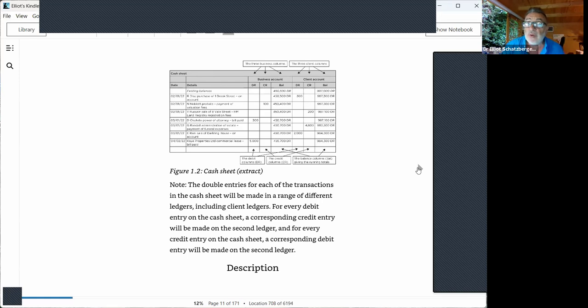So for example, if you look at the first entry, this is a client called Diaz, and we're helping Diaz with the purchase of 1 Brook Street. And it then tells you on accounts. If you look at the money in the debit column of the client side, it tells you that there is £300 debit.